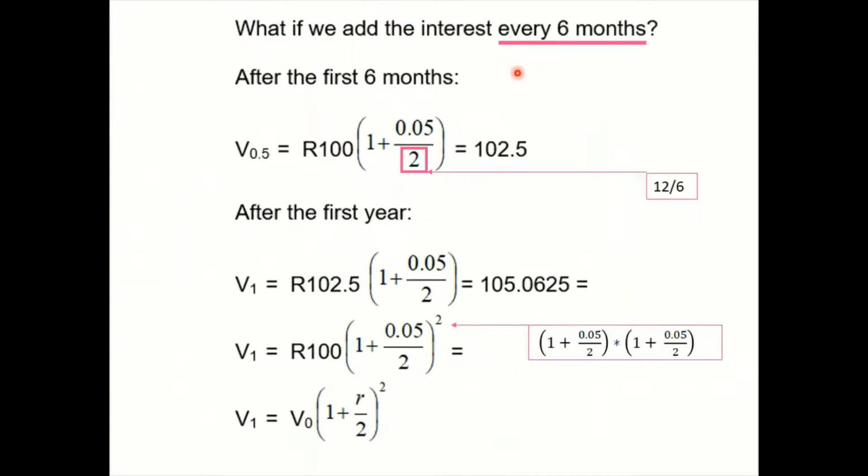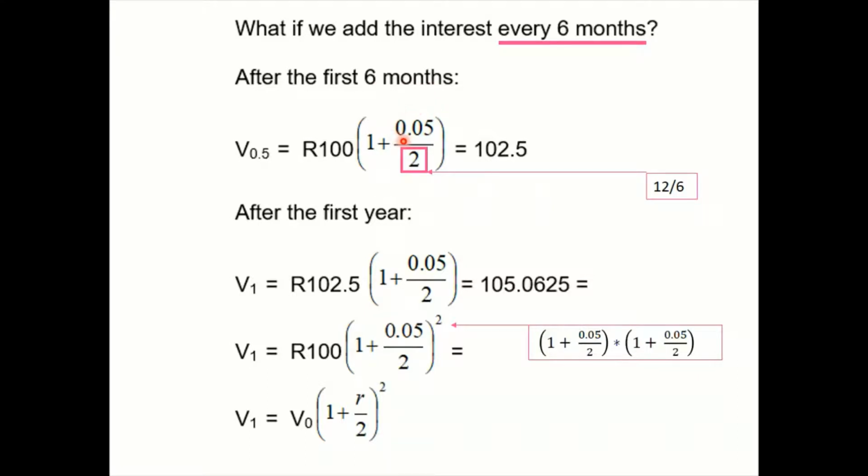Looking at this slide now, we're going to change things a little bit, and instead of adding the interest every year, we want to add it every 6 months. So how will that change our calculation? After the first 6 months, we are going to add interest to our investment.